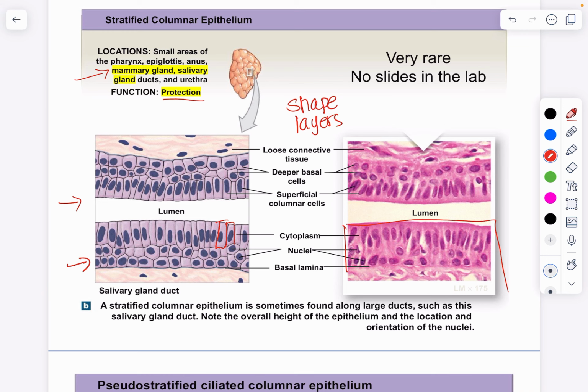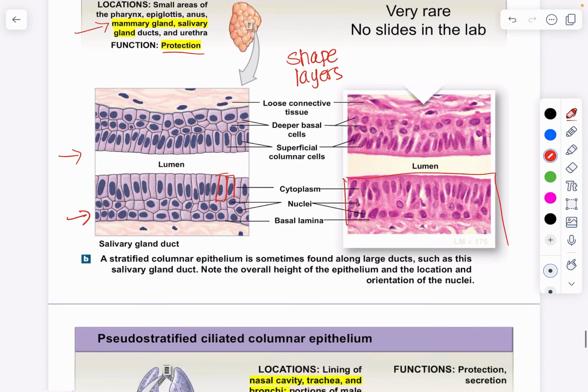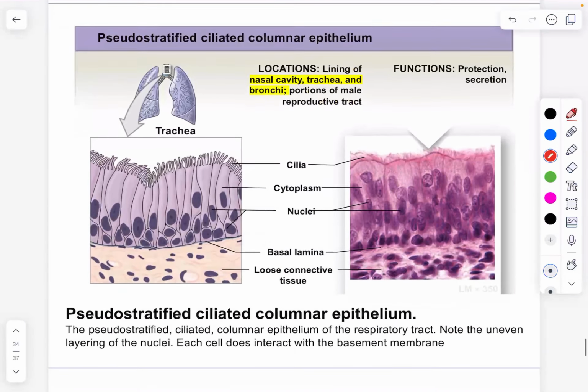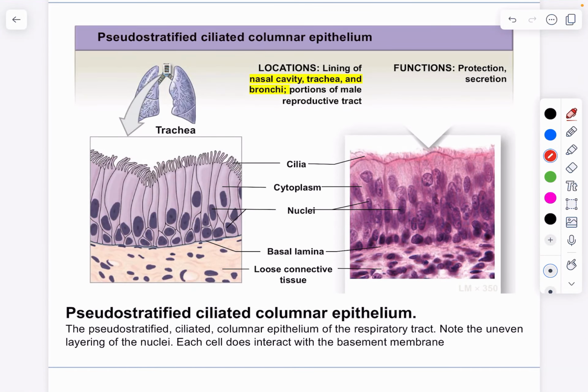We did simple, cuboidal, squamous, columnar. We did stratified, squamous, cuboidal, columnar. There are 2 weirdos that don't fit in those categories. All right, so I'm going to show you those 2, and then we'll wrap up this talk.